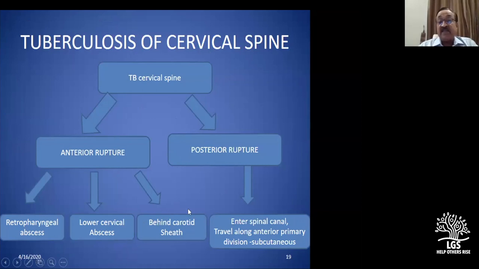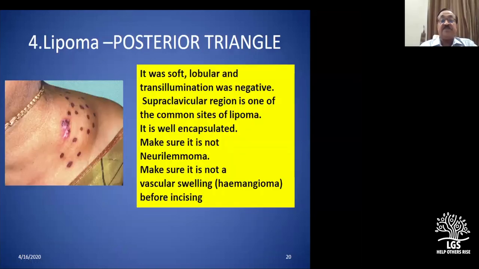It can be behind the carotid sheath also, and it can go along the spinal canal, travel along the anterior primary divisions, and become a subcutaneous swelling. So please remember this chart: tuberculosis of the cervical spine and its manifestation as a cold abscess.